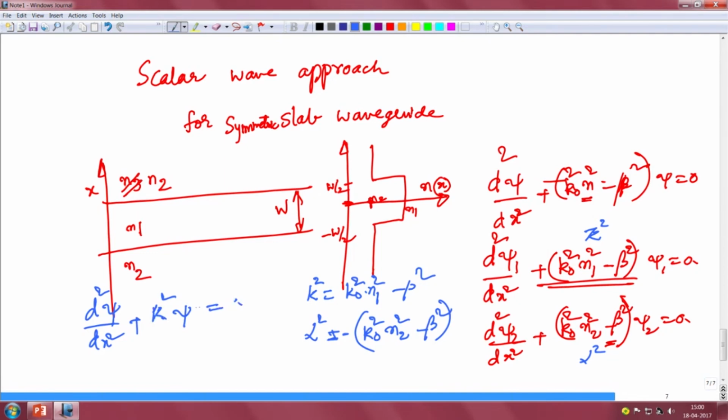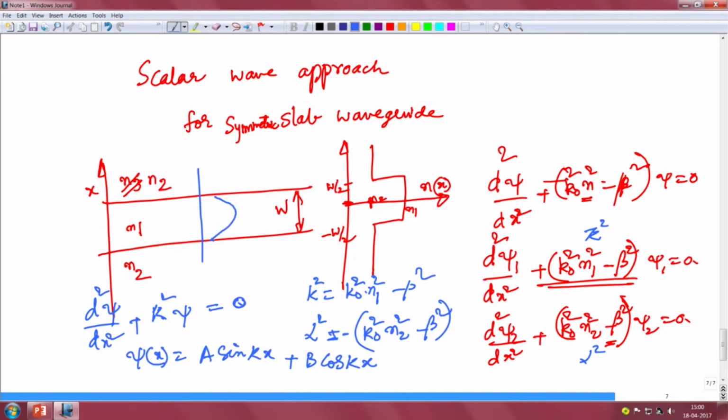Then we know this is the equation for a simple harmonic motion, and we know the solutions in terms of the trigonometric functions. Psi of x is a sin kx plus b cos kx. So, this represents a field which is oscillating along the x direction.